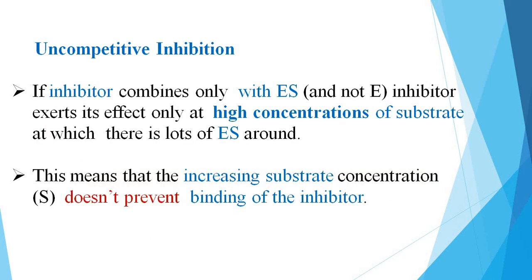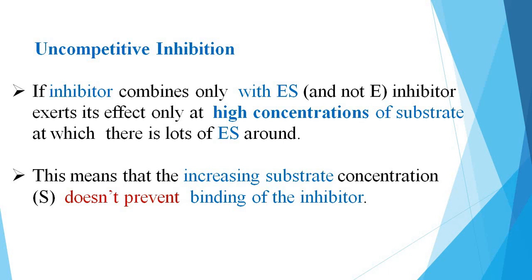Now, the uncompetitive inhibition. If the inhibitor combines only with the enzyme substrate complex and not with the enzyme, then the inhibitor exerts its effect only at a high concentration of the substrate, at which there are lots of enzyme substrate complexes around.